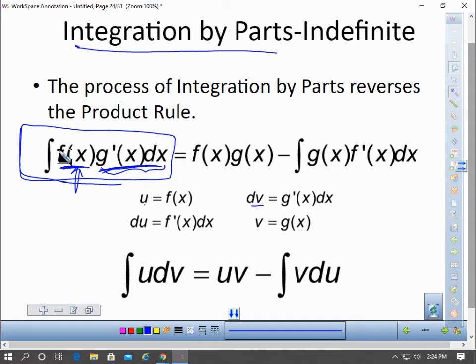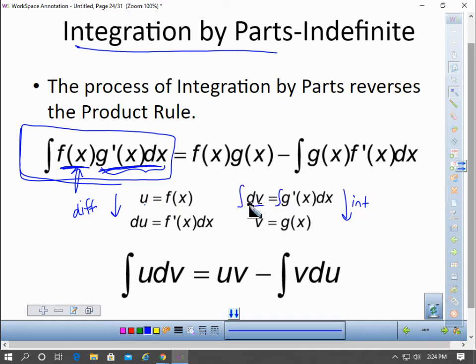Once you've decided which piece is your u and which part of the problem is your dv, you're going to take the derivative of the u part. The derivative of u is du, the derivative of f is f prime, and then tack on the dx. Over here, you're going to integrate. So you differentiate on this side, and you integrate on this side. We've got dv, we're going to integrate.